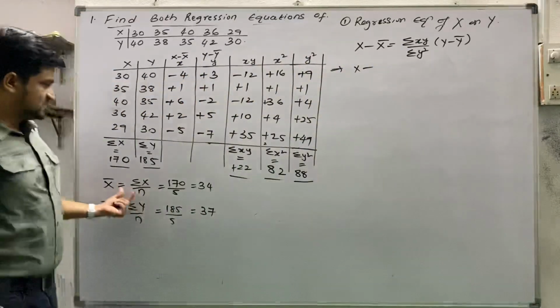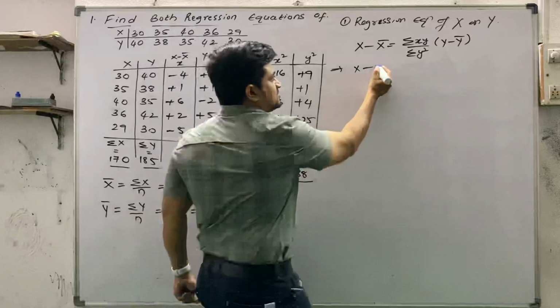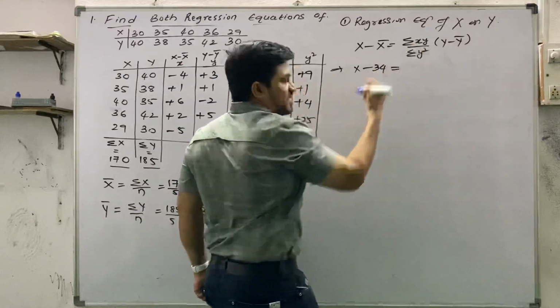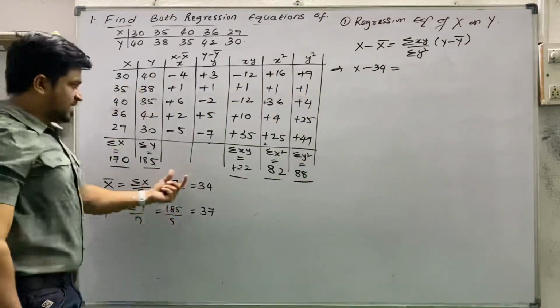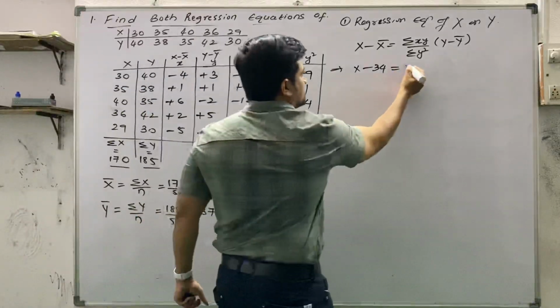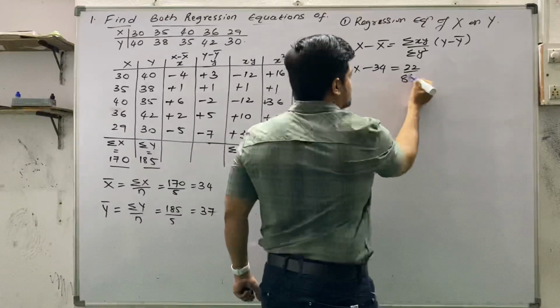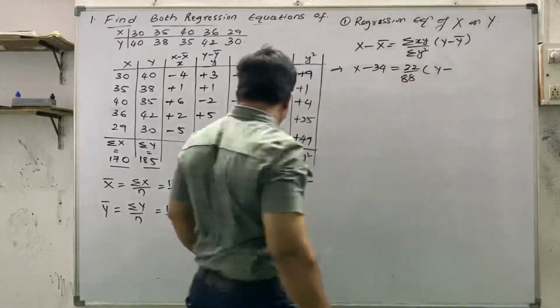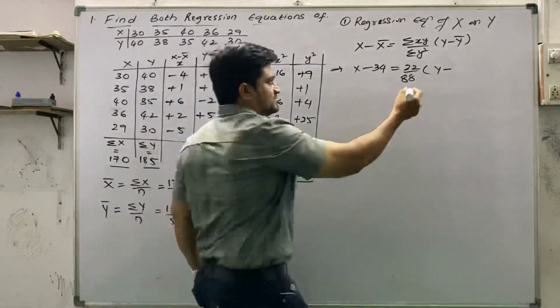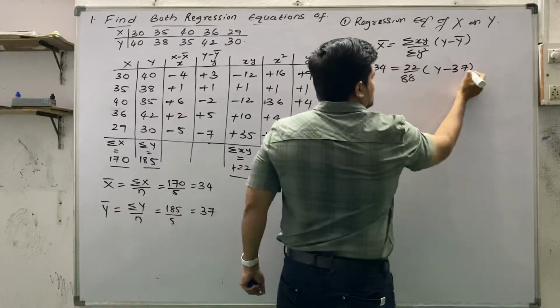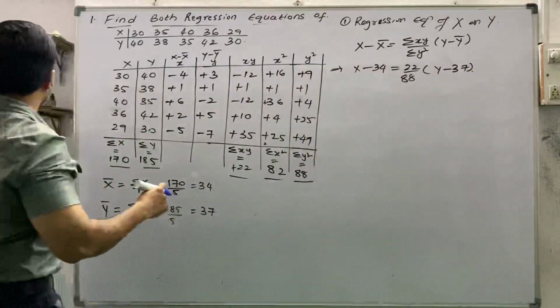What is mean of x? 34. Equals sigma xy, value 22, divided by sigma y square 88, into y minus mean of y, 37. Now we have to divide 22 and 88.